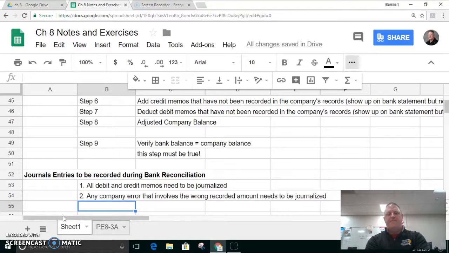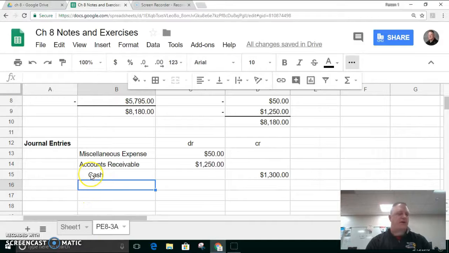Those types of things need to be journalized. Also, if we find out that we recorded an entry incorrectly, the amount incorrectly, we need to journalize that so that there is the correct amount in that journal entry. So these are the two situations in which we need to do journal entries when we do the bank reconciliation. Going to practice exercise 8-3A on page 423, so turn to page 423.